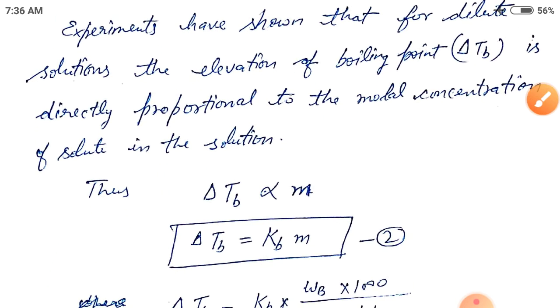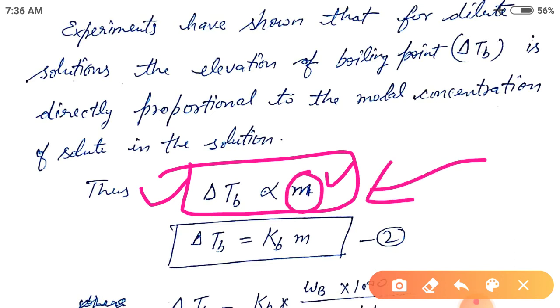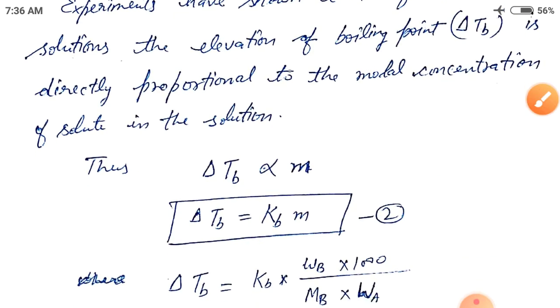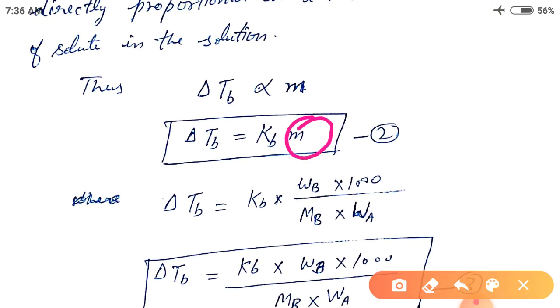It means delta TB, the elevation of boiling point, is directly proportional to the small m, and small m is the molality. When we replace this proportionality sign by equal to, then we put a constant, that is Kb. In equation 2, we can also write the value of molality.